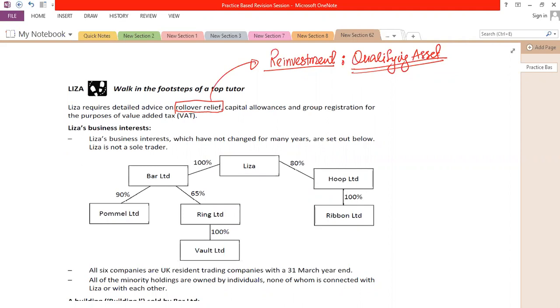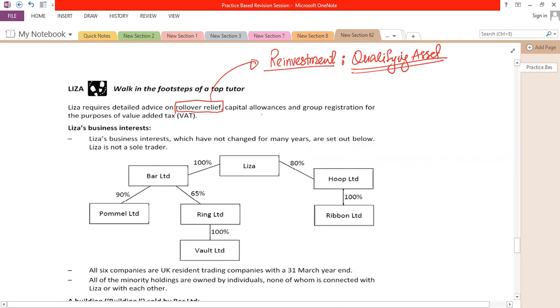Because in order to apply this rollover relief, we have to check the qualifying condition and qualifying time period. Goodwill is not part, right? Goodwill is only for the individual, right? So first issue is rollover relief.